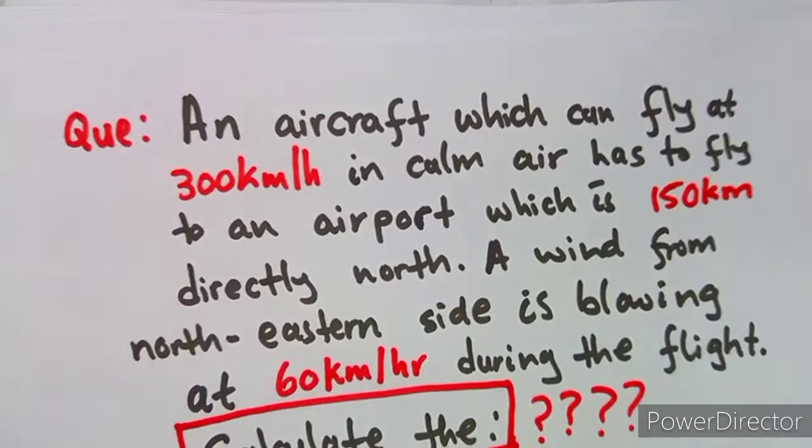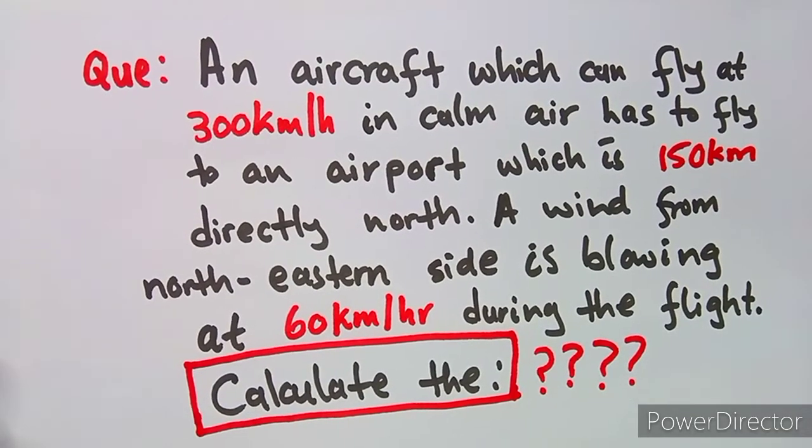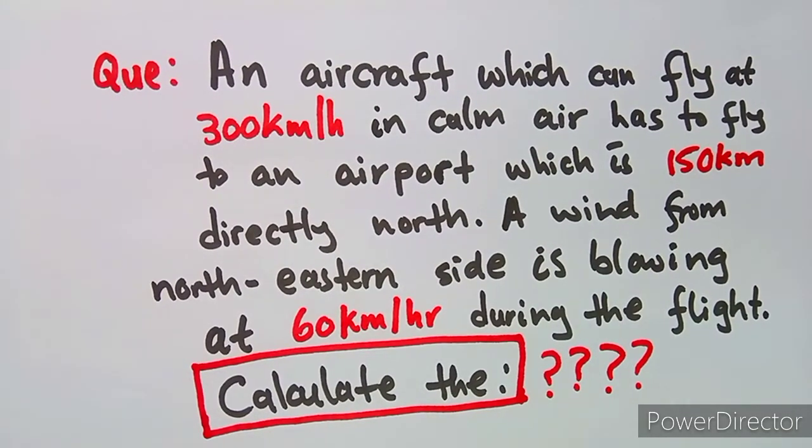So quickly rushing through this part, I have a question which I just wrote down here. I hope it is going to be clear there. The question reads: an aircraft which can fly at 300 kilometers per hour in calm air has to fly to an airport which is 150 kilometers directly north.